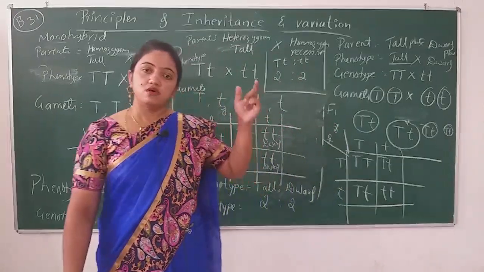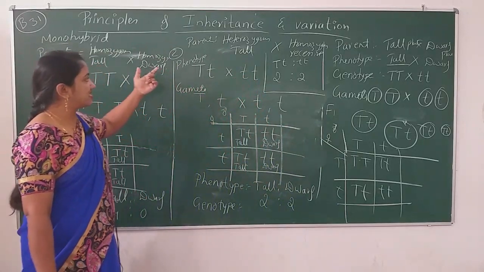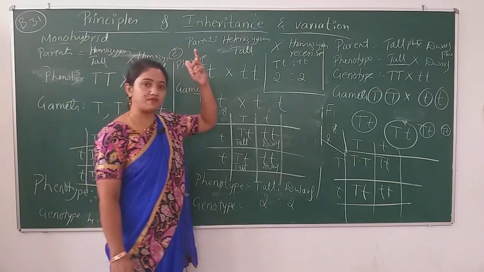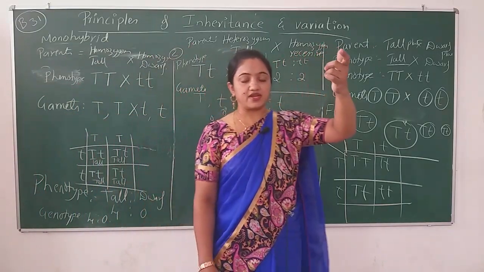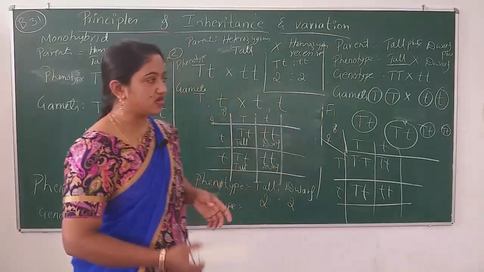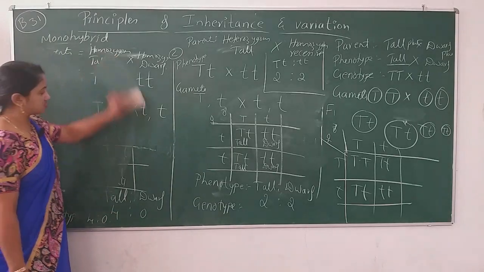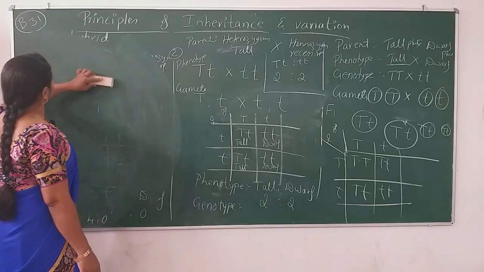So we have done the test cross of the monohybrid cross. Only the monohybrid test cross is completed. Alright, with this, we will move on to the laws. What laws?